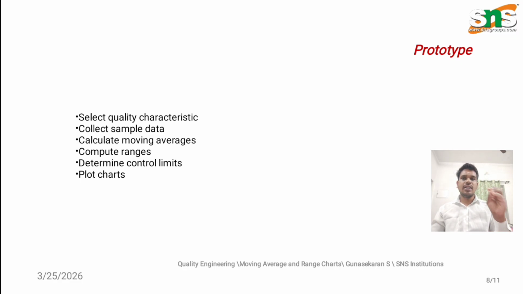Range charts identify assignable causes such as omissions, faults, or environmental changes. They are essential for monitoring consistency and reliability. Monitoring both average and variation ensures better process control and quality assurance.